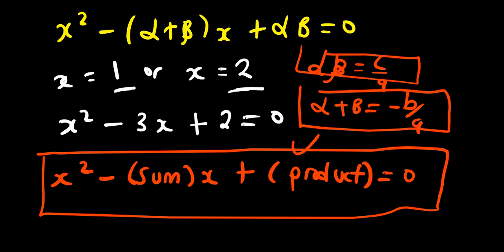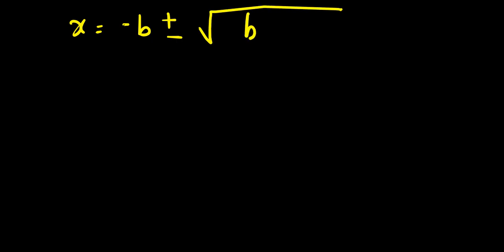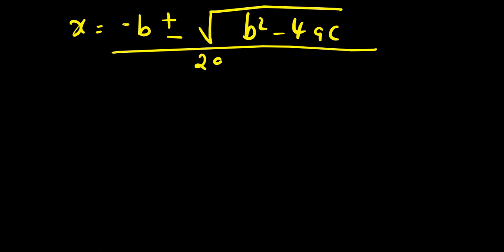Okay, now that we've known this, let's talk about something very important. When you're solving your quadratic expression, you can also use what we call the formula method, and the formula is just x is equal to negative b, positive or minus the square root of b squared minus 4ac, everything over 2a.